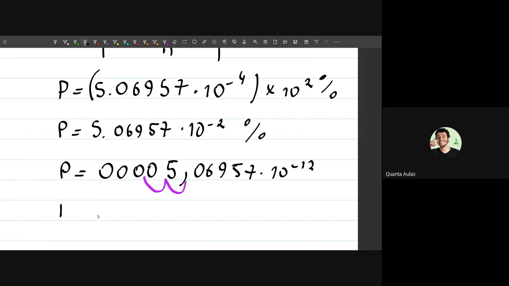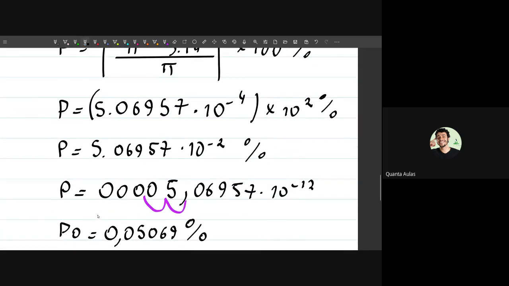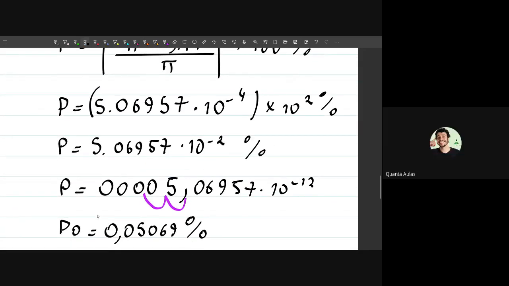So you can write 0.05069%. Okay? It's a small error. Here is a really small error. So it's a good approximation. Okay. Okay. Let's go to the next one.